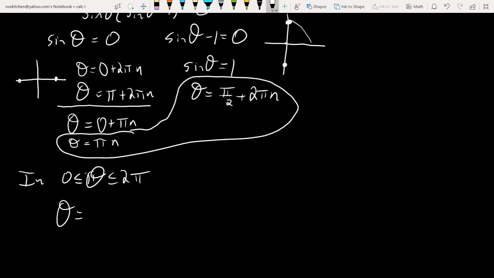So 0 times pi is 0. 1 times pi is pi. 2 times pi is 2 pi. 3 times pi goes out of the range. Then from the other one, we have pi over 2. And then plus another 2 pi would put me at 5 pi over 2. That goes out of the range, though. So it's just those 4 solutions.